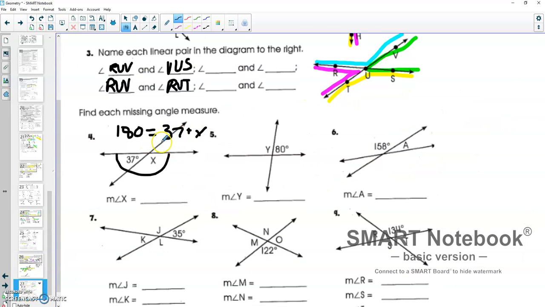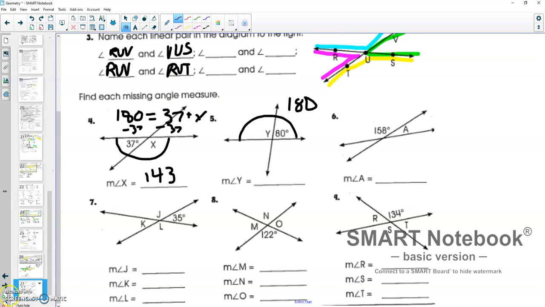So if I did the math here, minus 37, minus 37, I would get 143. Think about this one. What angle does this have to be? So the entire line equals 180. Try these out and let me know if you have any issues.